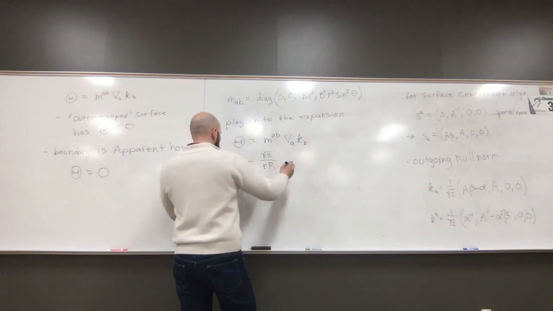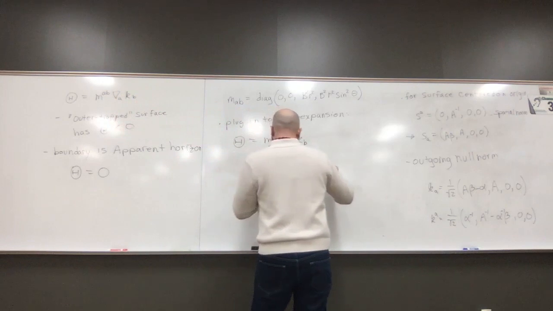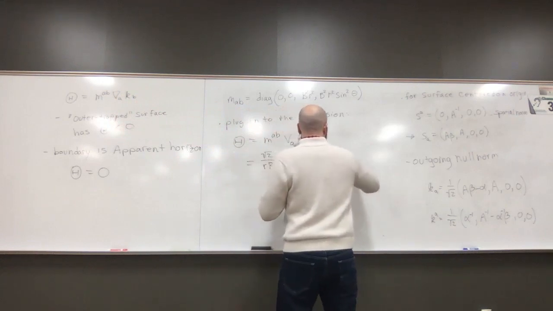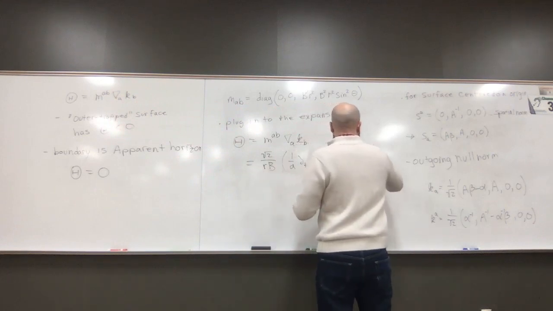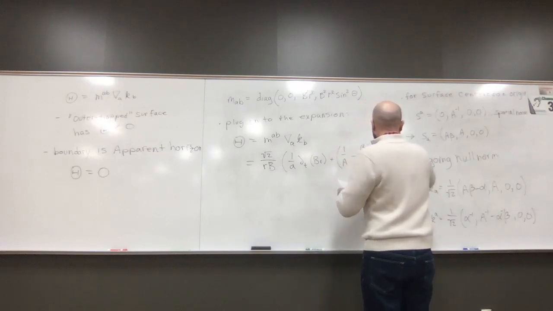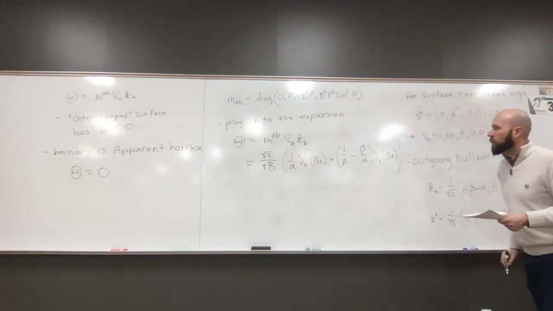Square root of 2 over rb, all times 1 over alpha, partial derivative in time of b times r, plus quantity of 1 over a, minus beta over alpha, partial in r of br, closed. Like that.